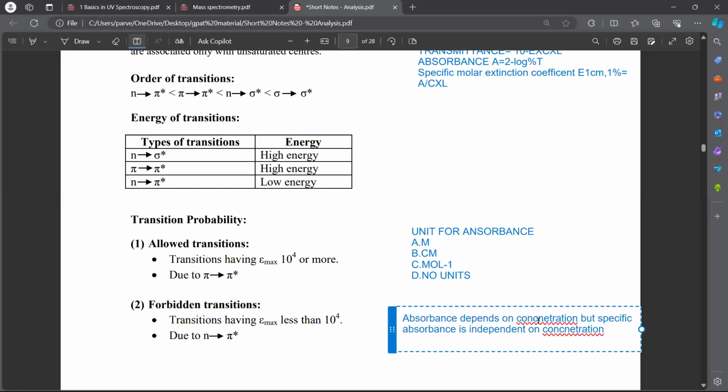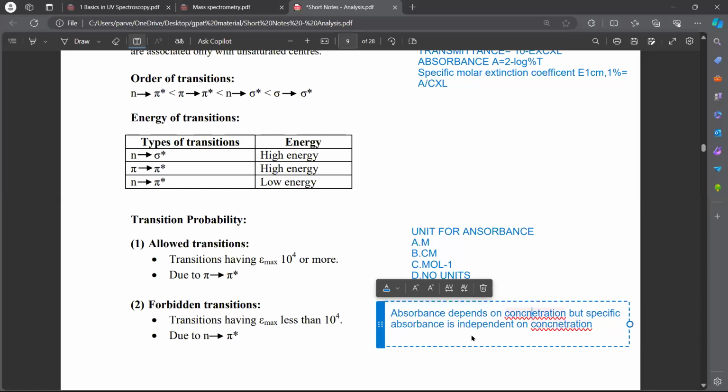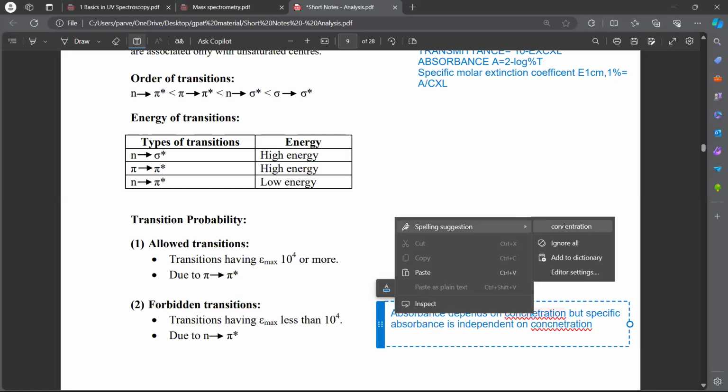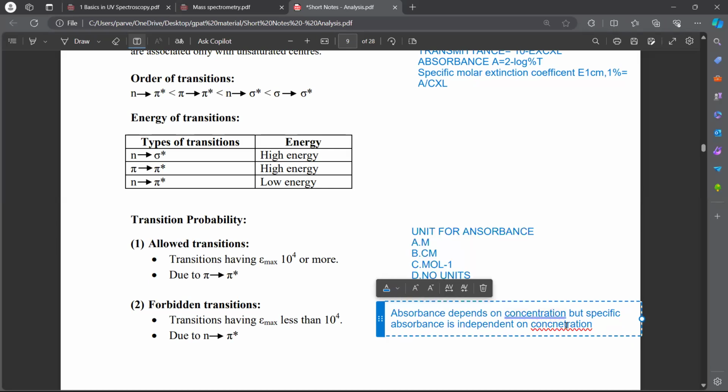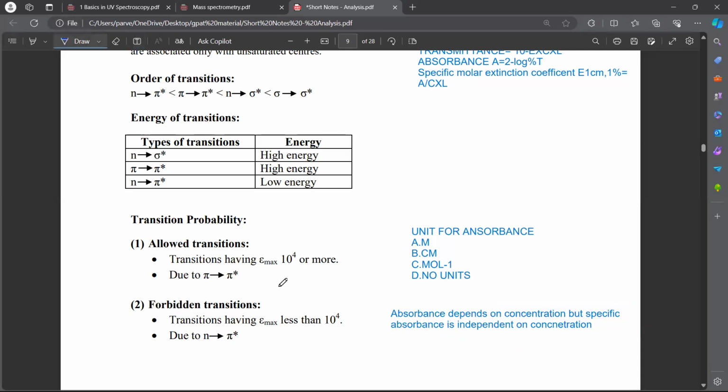This is a very important line, guys, which you have to remember. The concentration and the specific absorbance do not depend upon that. So this you have to remember, guys, and the wavelength.